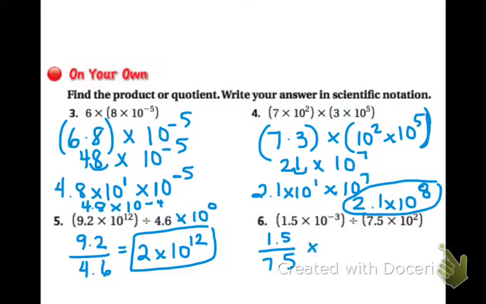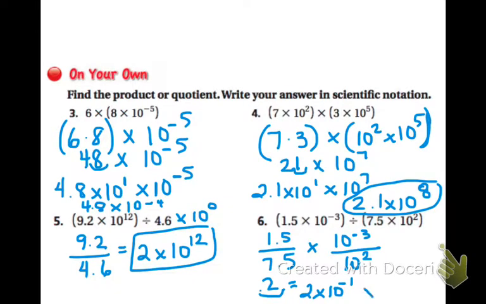And then you're going to take that and do times, and you have 10 to the negative 3 over 10 squared. So 1.5 divided by 7.5 is equal to a decimal point 2, which can be written, because we have to move this over, right, as 2 times 10 to the negative 1.